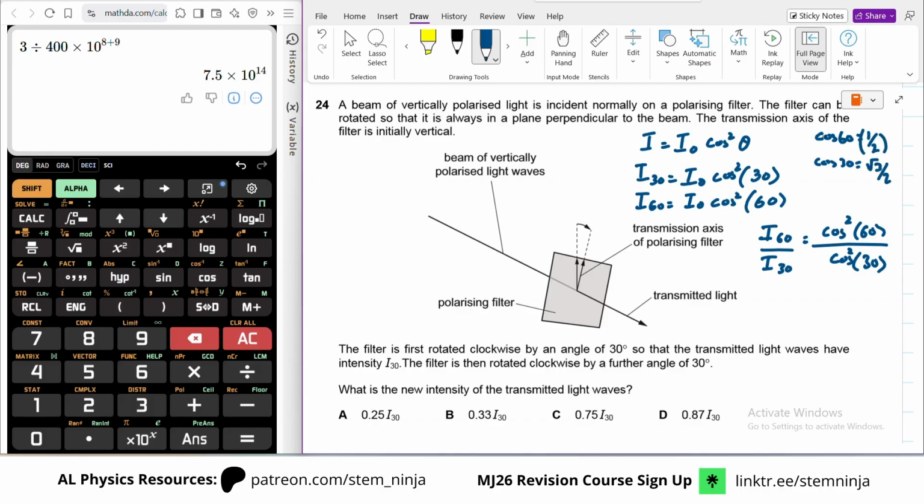So the square would be 1 over 4, and the square would be 3 over 4. So this would be 1 over 4 divided by 3 over 4, so 1 over 3, 0.33.